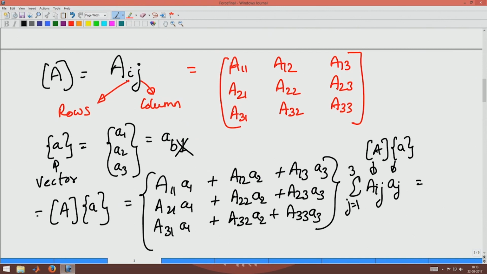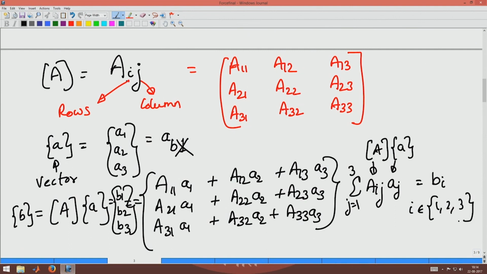This will be another vector, say B, this will be the i-th component of the vector B. So, basically what we have is B1, B2, B3 represented as A11 A1, A12 A2, and so on. That is the same equation here, where I can take elements from 1, 2 or 3. So, basically this matrix vector multiplication can be represented as this.